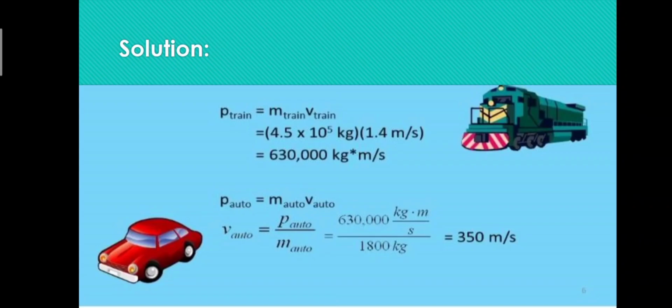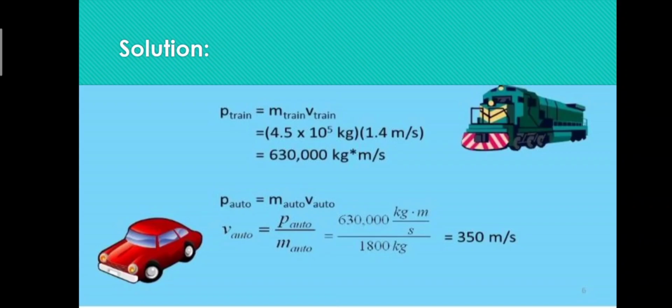The value of momentum, P, is equal to 630,000 kilogram meter per second, and the mass of the automobile is 1,800 kilogram.